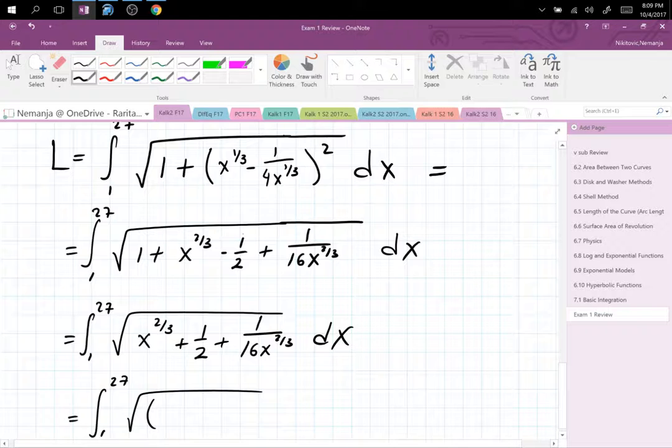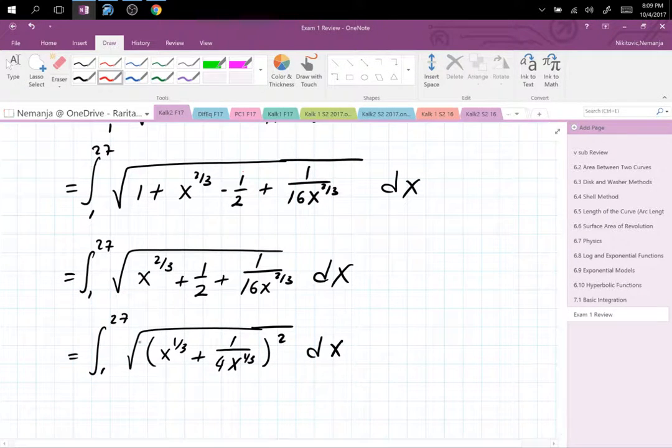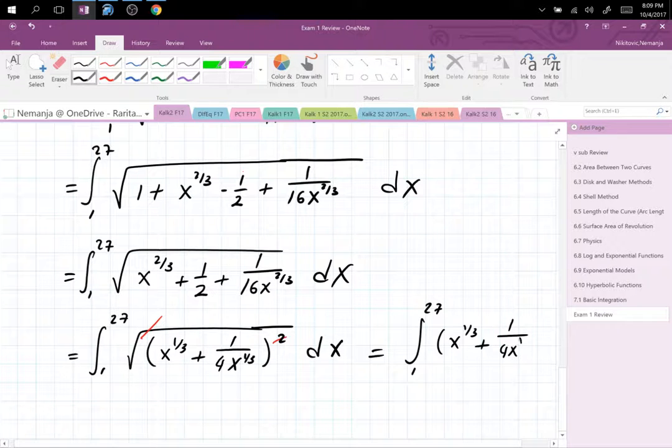So this collapses into x to the 1/3 plus 1 over 4 x to the 1/3, everything squared, where the square and the square root die, and we have the integral from 1 to 27 of x to the 1/3 plus 1 over 4 x to the 1/3 dx.